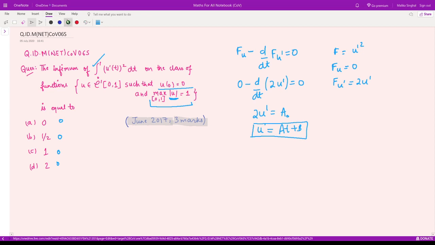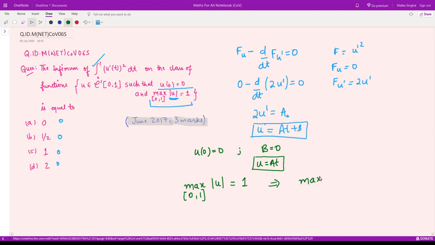Let me put the first boundary condition, that is u at 0 is equal to 0. In this case what I get is b is equal to 0. So u becomes at. Now let me use the second condition, that is given to be the maximum of modulus of u over the interval 0 to 1, which is given to be 1. So as we have u is equal to at, let me substitute it here.